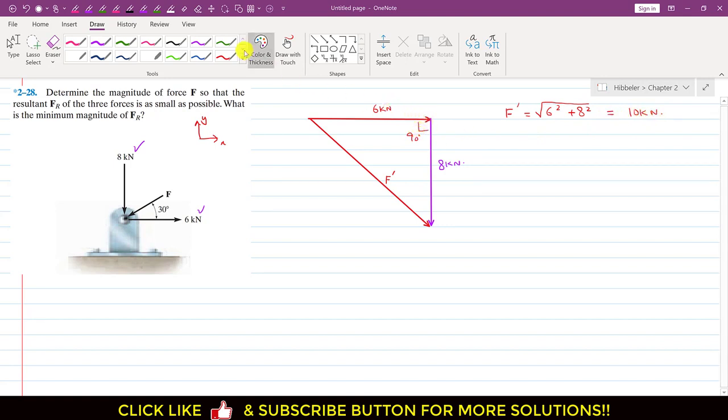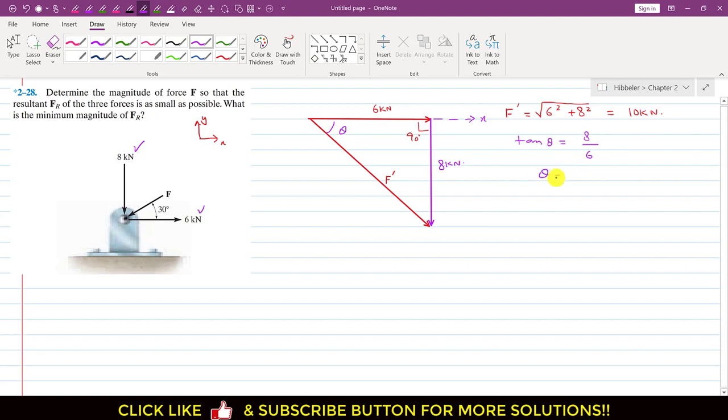And similarly, if we want to find the angle of the resultant of both of these with the positive x-axis, right? If this is our positive x-axis, right? So let's say that this angle is theta. So we can find this theta by applying tan theta, since this is a right angle triangle, right? So we can write that tan theta will be equal to the perpendicular divided by base. So this is 8 divided by 6, right?